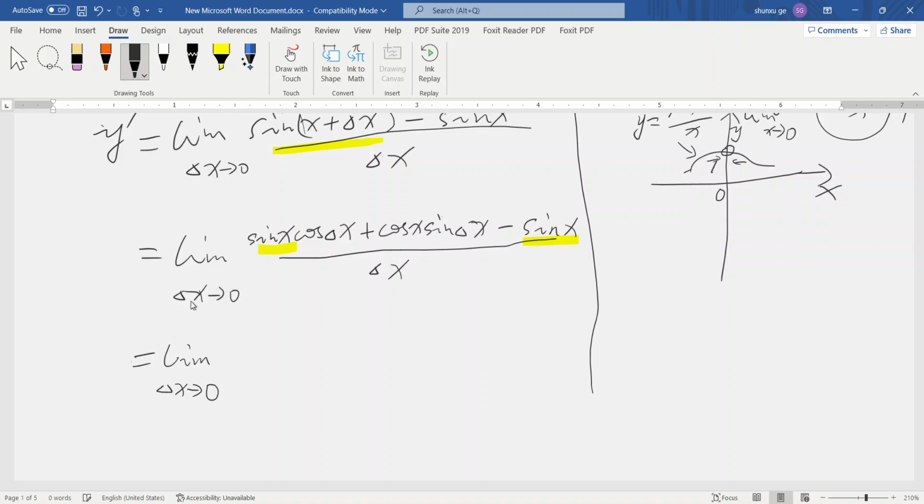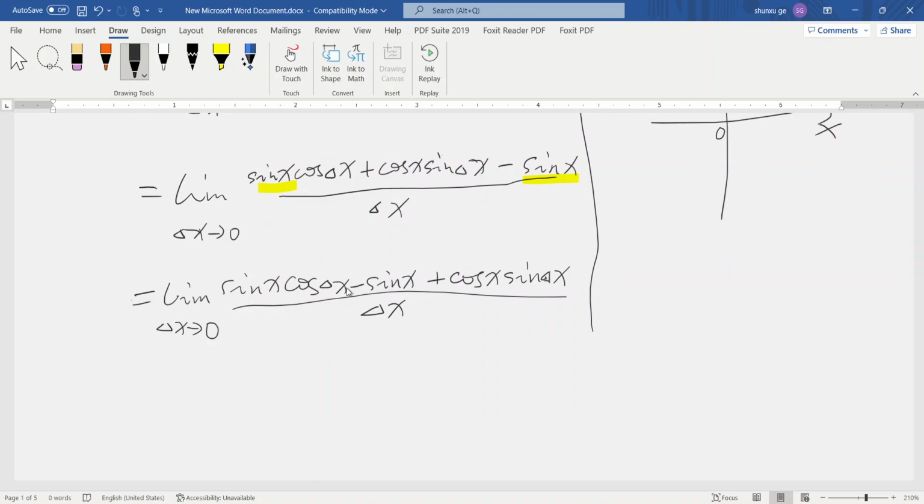So sin x cosine delta x minus sin x, plus cosine x times sin delta x, over delta x.